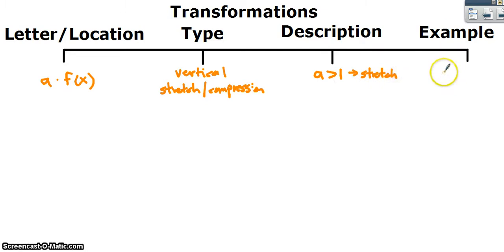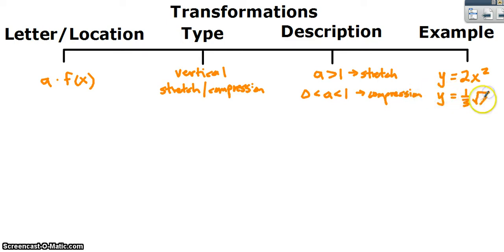So an example of this would be like y equals 2x squared. That would be a vertical stretch by a factor of 2. And then if a is in between 0 and 1, that's going to be a compression. So something like y equals 1/3 square root of x.